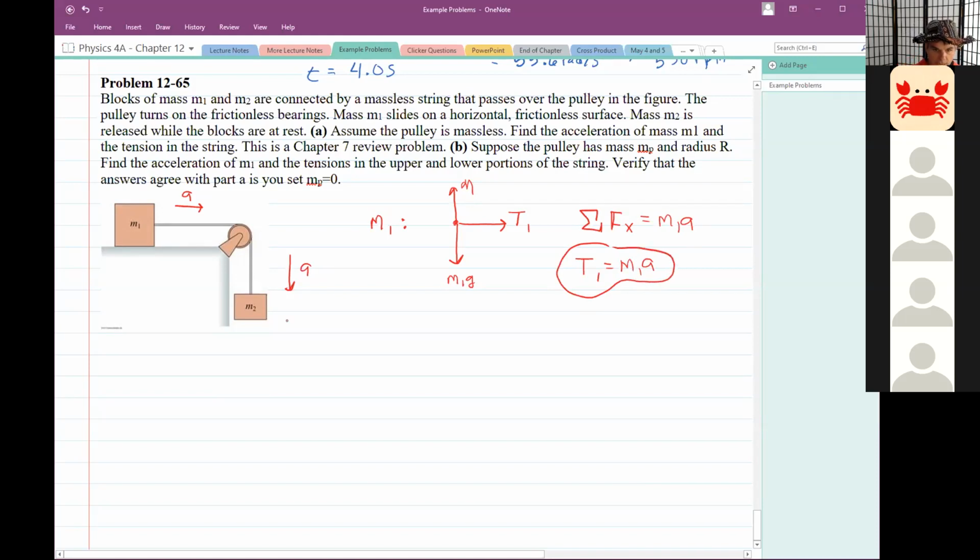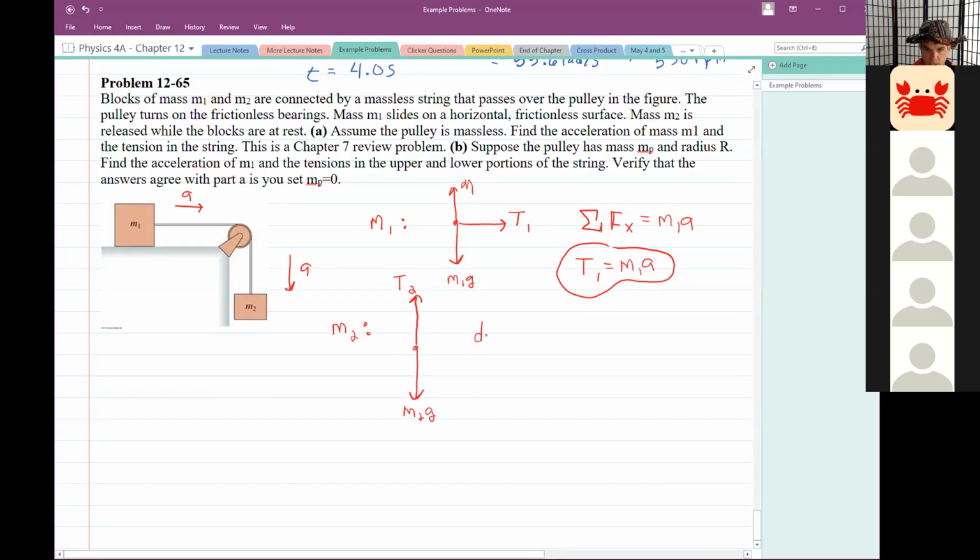If I look at M2, there's only 2 forces acting on M2. I've got gravity, M2g, acting straight down, and I've got tension, I'll call this tension 2, acting straight up. But here was a key point. If the acceleration points down and I define up as positive, then I need to use negative a in my equation. But if you remember, I always like to define positive in the direction of the acceleration.